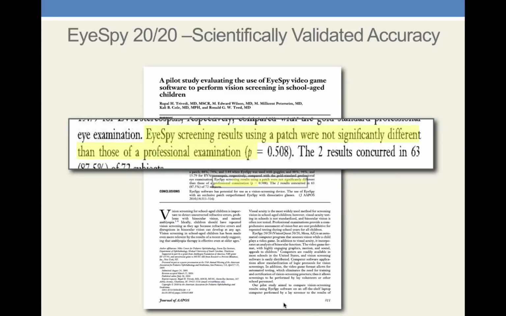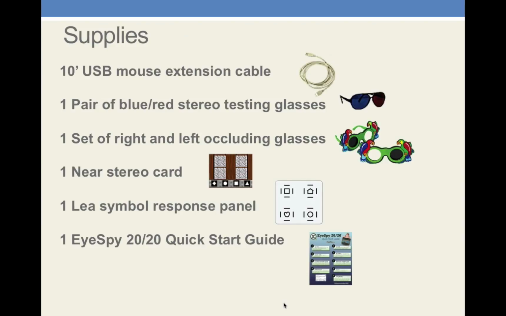So we spent 7 years developing the technology, and then we sent it off for independent scientific validation at the Medical University of South Carolina's Storm Eye Institute, which is one of the top ophthalmic clinics in the entire world. And they were given EyeSpy. And we asked them not to use trained professionals when performing vision screenings.